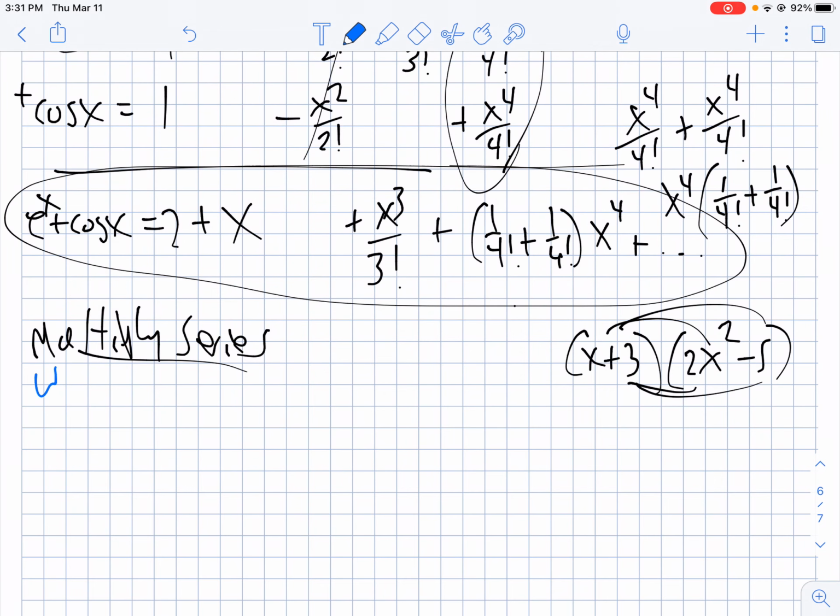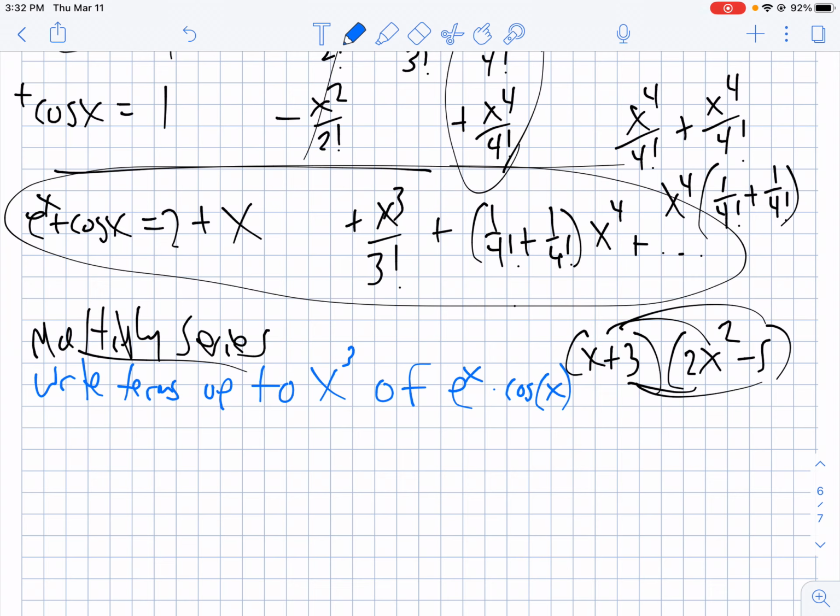So we're just going to write the terms up to x cubed. This is what's called a third degree Taylor series, third degree Maclaurin series. So write the terms up to x cubed of e to the x times cosine of x.